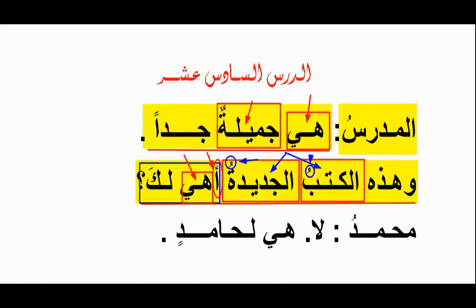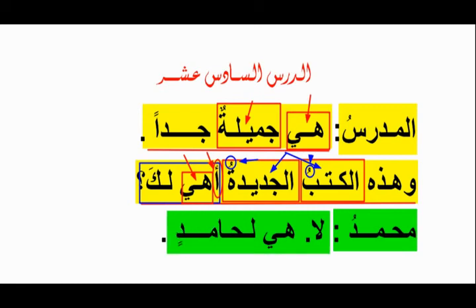Did I say that three times? Ahiya is referring to al-kutub. Ahiya laka. And Muhammadu then comes back and says, La. Hiya lihamidin, that they belong to Hamid.